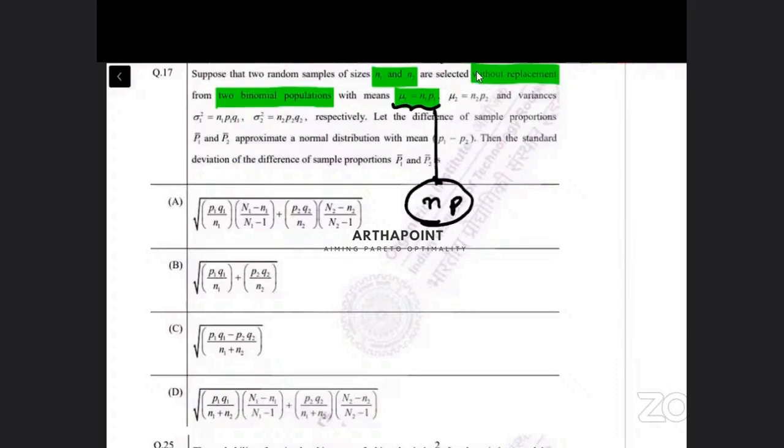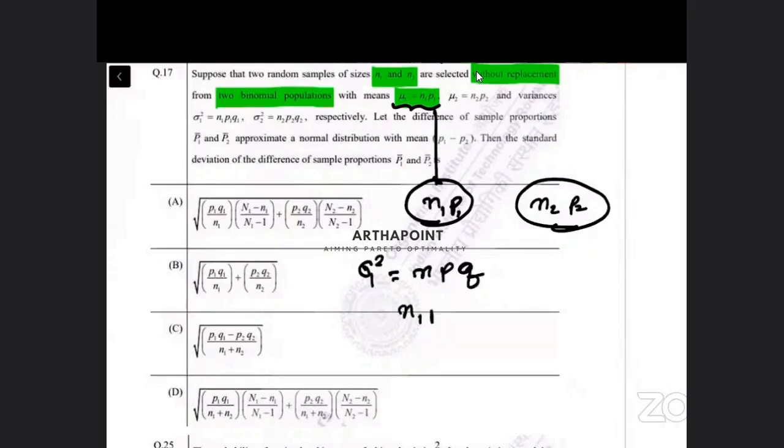That is exactly what we have been given. And the variance is given by NPQ, right? So it will be N1P1(1 minus P1) and N2P2(1 minus P2). These are the variances of the binomial populations.